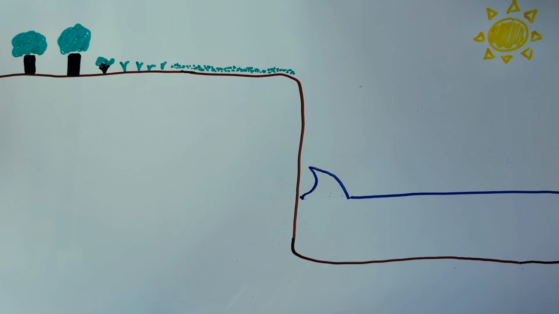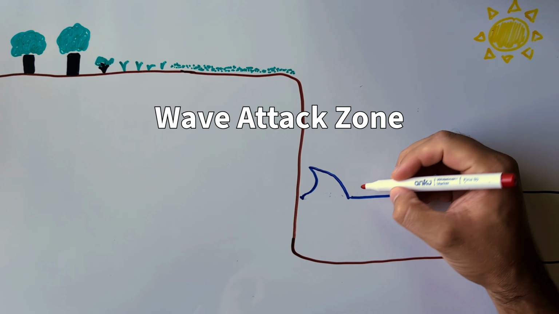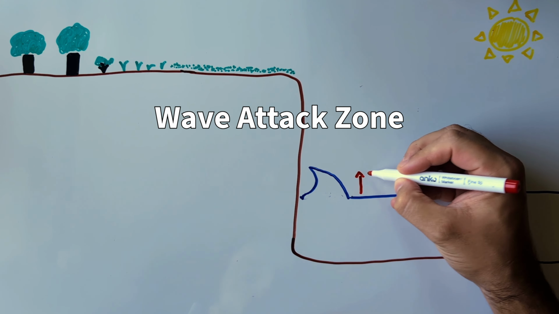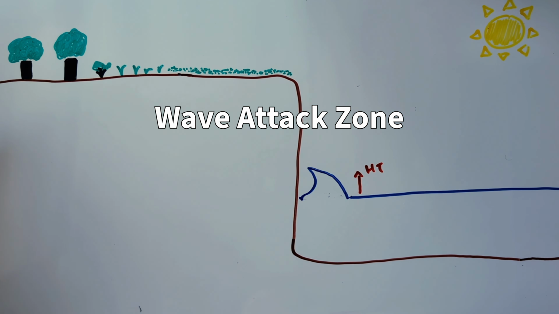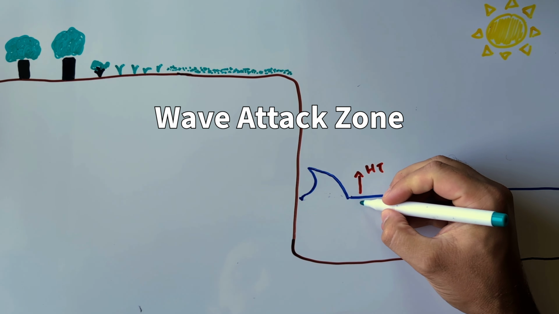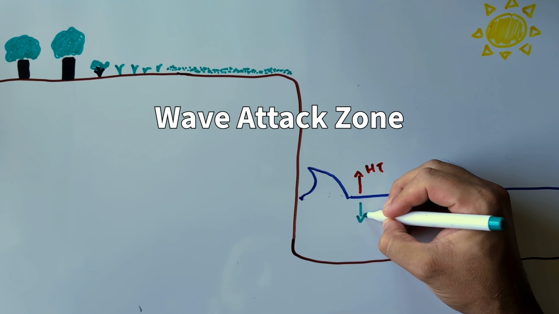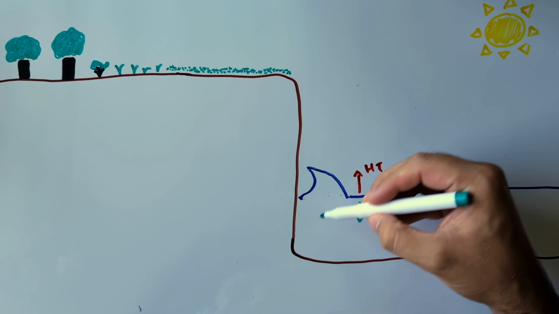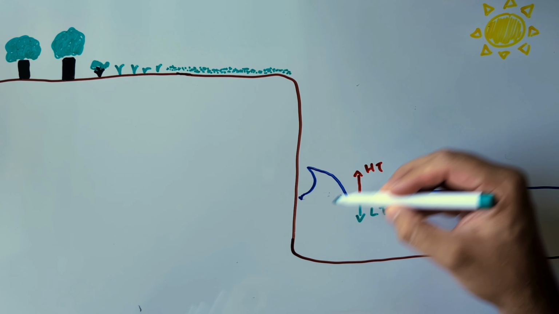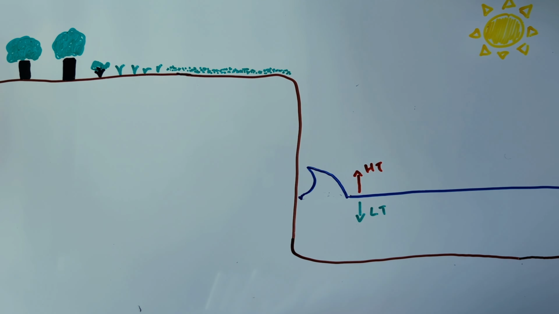Now, this is where high and low tide come in: it will create a wave attack zone. You will have a zone that peaks out at high tide, and then it goes all the way down to low tide. So the wave will attack somewhere in this region, in between this range, okay?